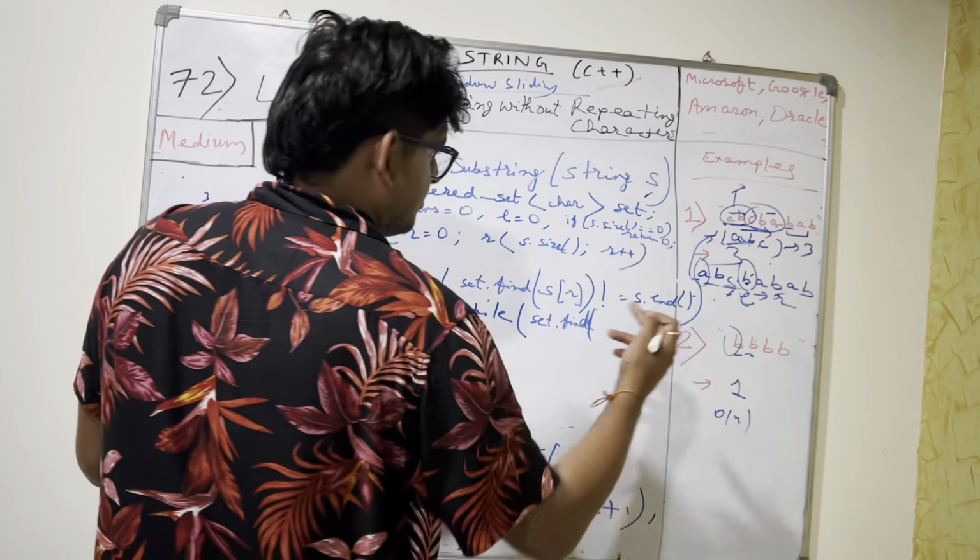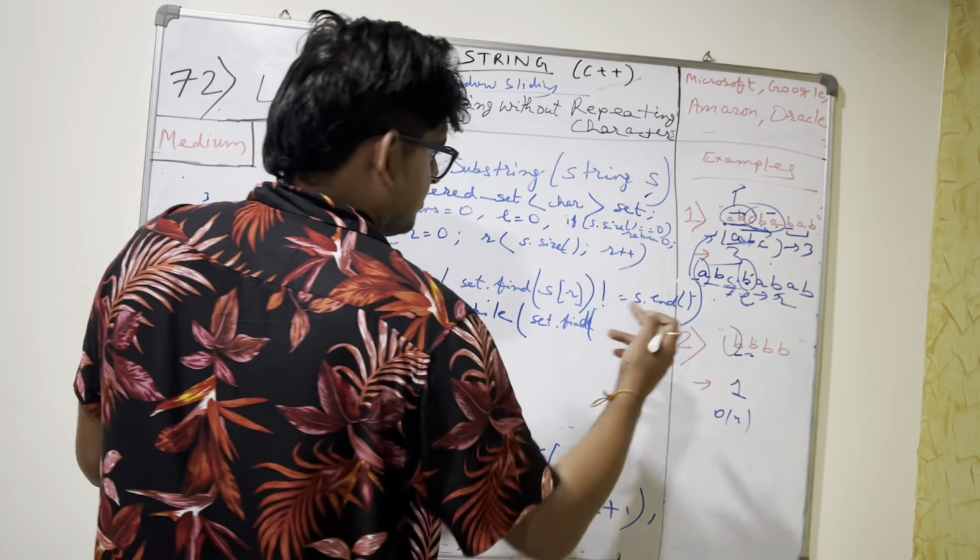What was the C++ library for that? Set dot erase. Set dot erase s of L. You will remove this first element and then you will increase L plus plus.